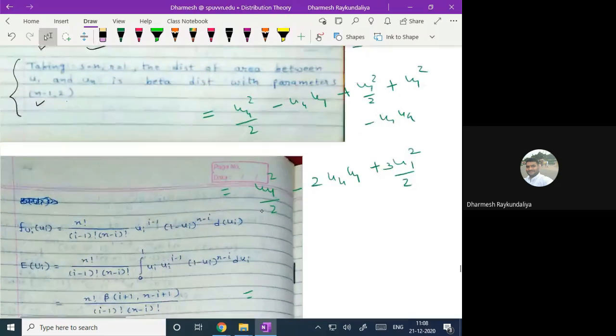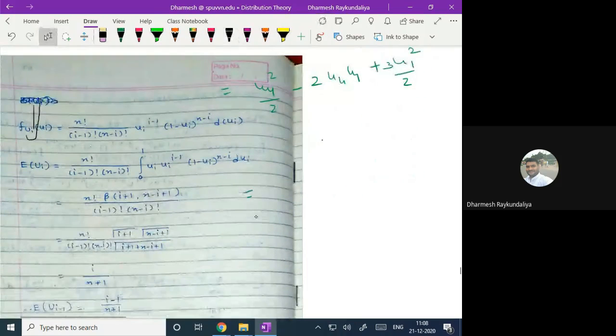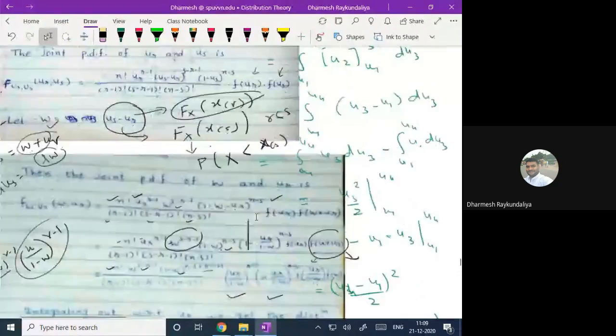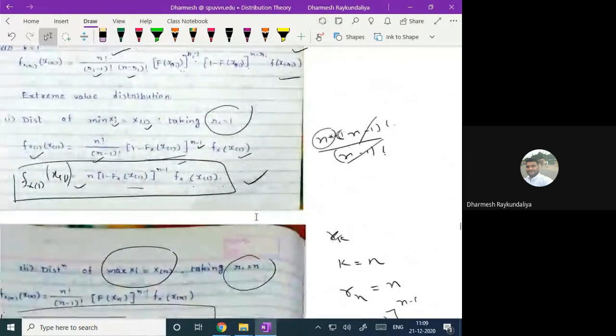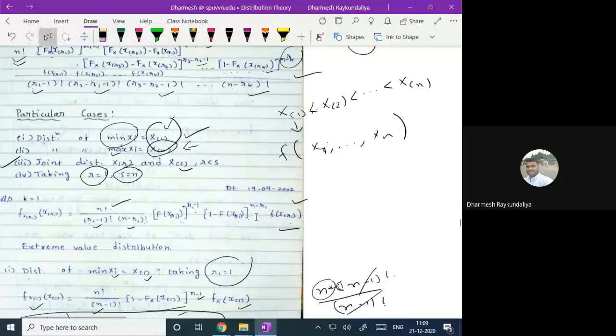So the PDF of the UI is nothing but f of UI, which is n factorial upon i minus 1 factorial upon n minus i factorial, ui raised to i minus 1, 1 minus ui raised to n minus i. ये हमने निकाला है ना, आगे हमने ui की जगह पे उसको xi लिखा था, the distribution of order statistics xi. सही है. x r1 is nothing but n factorial upon r1 minus 1 factorial n minus r1 factorial.